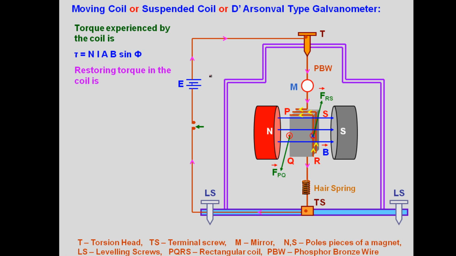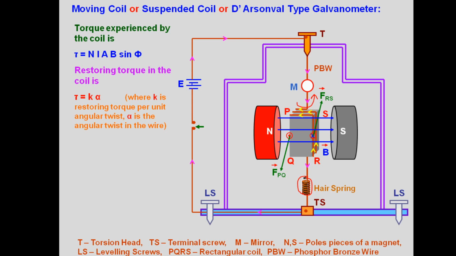Due to this, whenever the coil is rotating, the coil will rotate in this way, and the spring will acquire restoring torque. So the restoring torque in the coil will be K alpha, where K we are considering as restoring torque per unit twist.